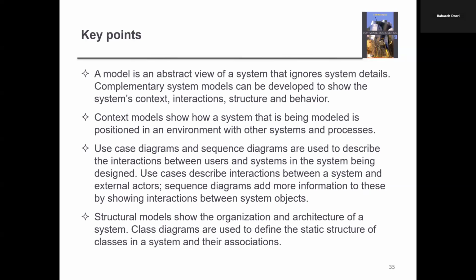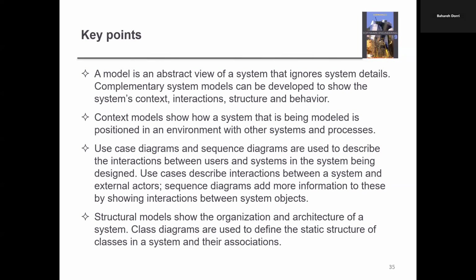We talked about context models, which show how the system interacts with its environment, including other systems. Use case diagrams capture how users and external systems interact with the system. Sequence diagrams show detailed interactions between objects in a scenario over time.